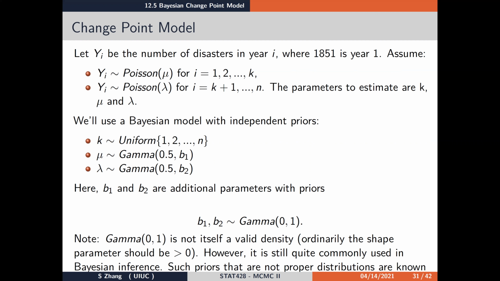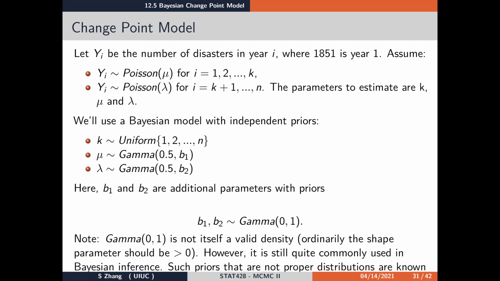In other words, before the change point and after the change point, the rate of disasters are different. The parameters to estimate under this model are k, the change point, and mu and lambda, the two Poisson parameters before and after the change.